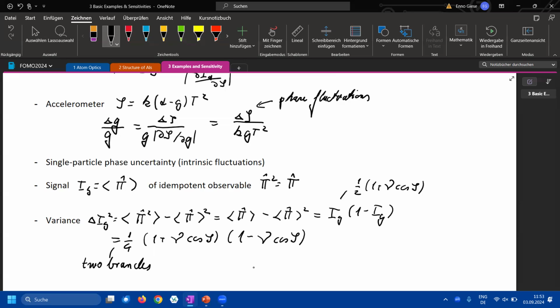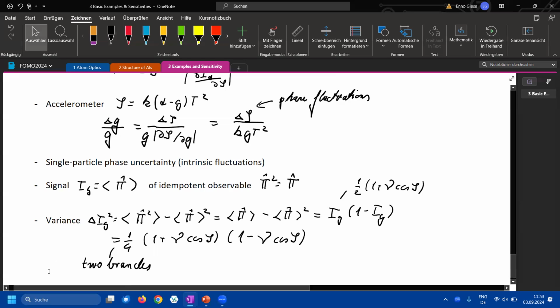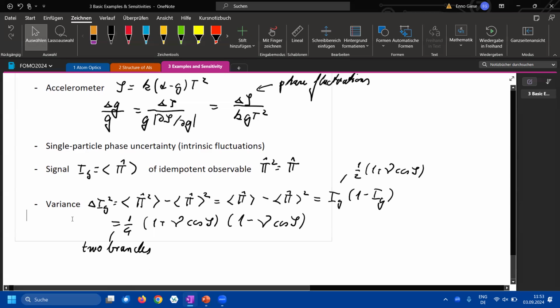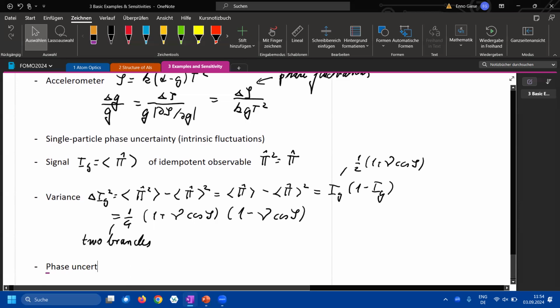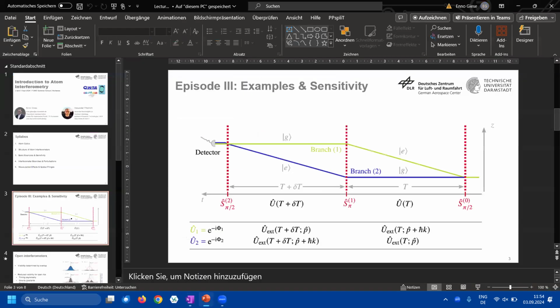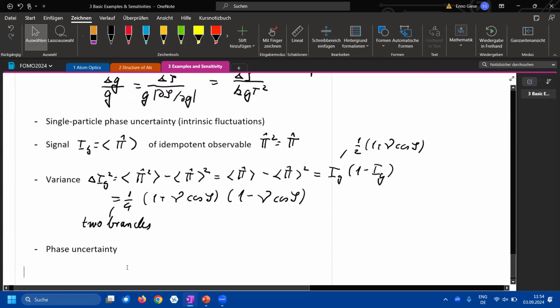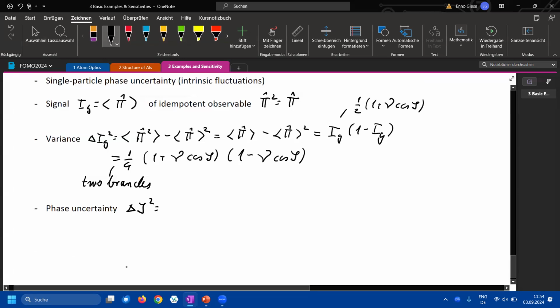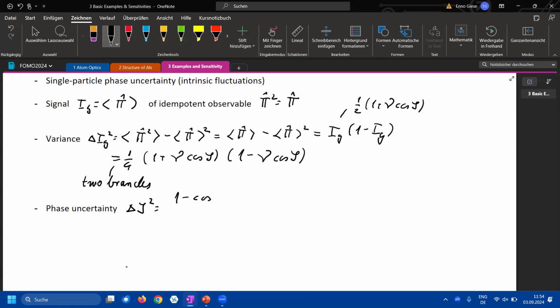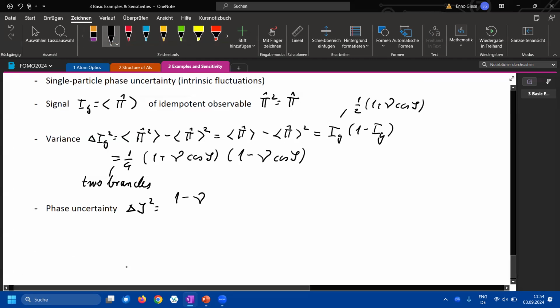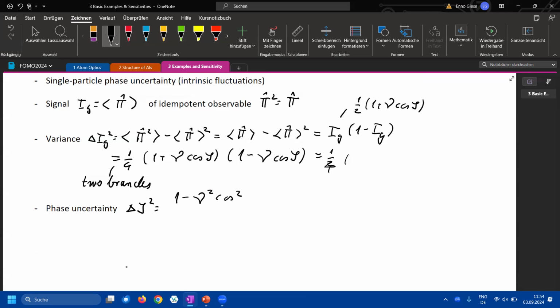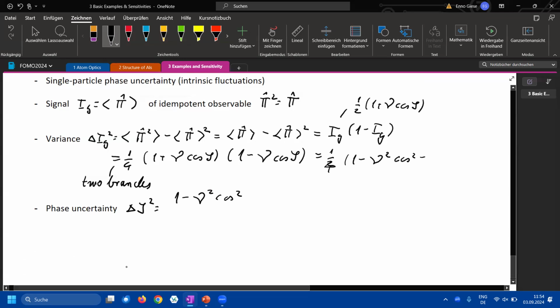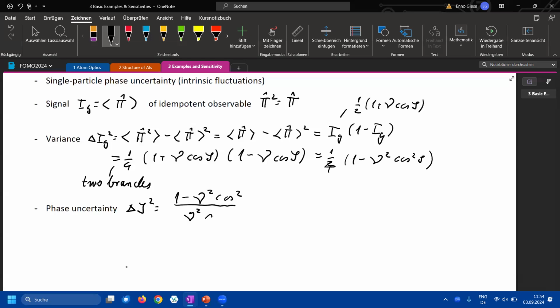And that means we just find for the phase uncertainty, delta phi squared is equal to 1 minus the visibility squared times cosine squared, because this is 1 over 4 times 1 minus visibility squared cosine squared, so that's just the variance divided by 1/4, so that cancels, times the visibility squared sine squared.